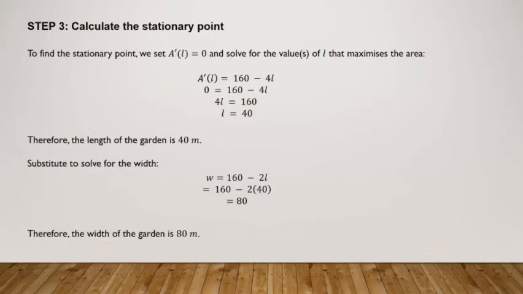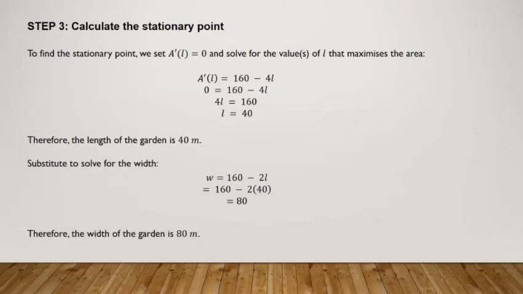We substitute A prime of L equals 0, so 0 equals 160 minus 4L. And then 4L equals 160, and then we divide 160 by 4. For length we get 40. Therefore, the length of the garden is 40 meters.